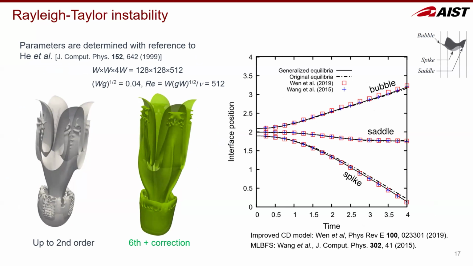Several components should be compared with each other, including bubble, saddle, and spike. Our results agreed well with several numerical simulations, including the improved color gradient proposed by Wen et al. and the multi-phase lattice Boltzmann solvers.